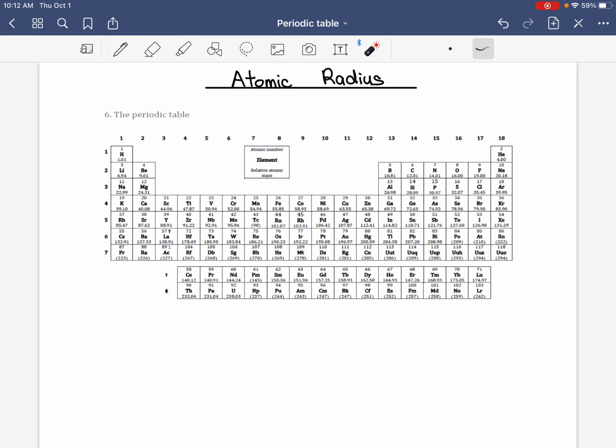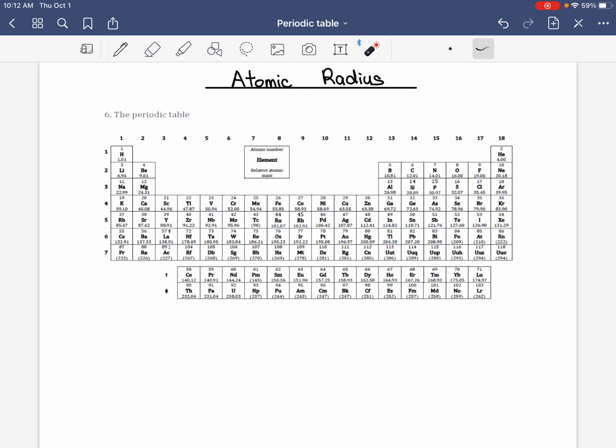Well, as an atom gets more protons and becomes heavier and heavier, are they getting bigger and bigger? The answer is obviously no. The atoms at times may be getting smaller, even though there are more protons being added.